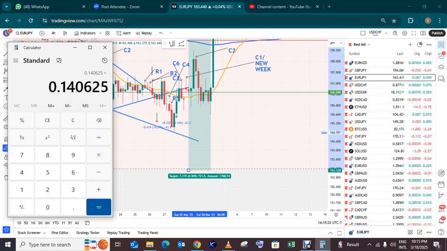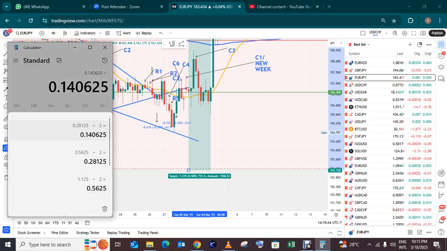So 0.14% will be our TP1, while 0.28 will be our TP2. Remember it's in percent. The TP3 would be 0.5625. That's going to be our TP3.